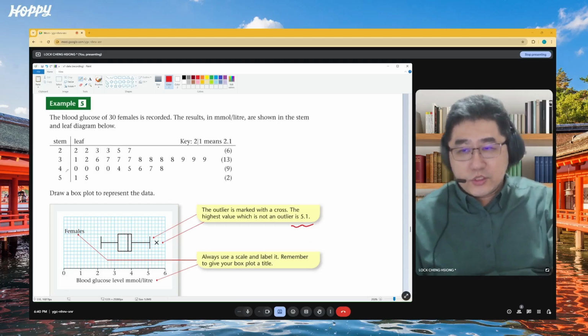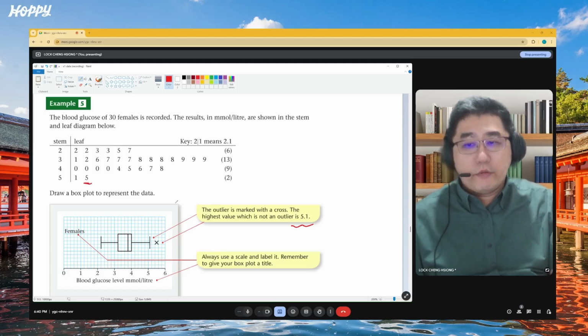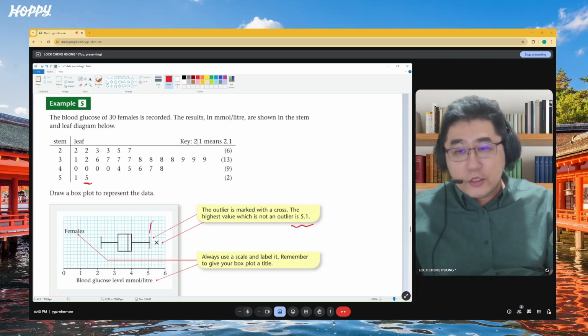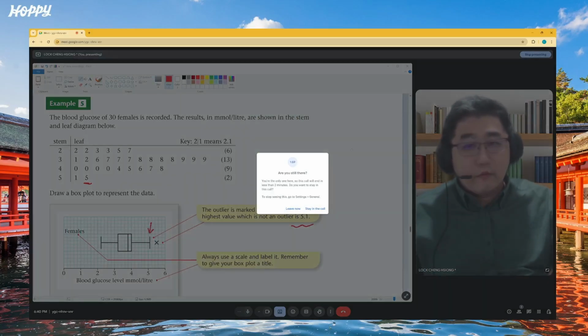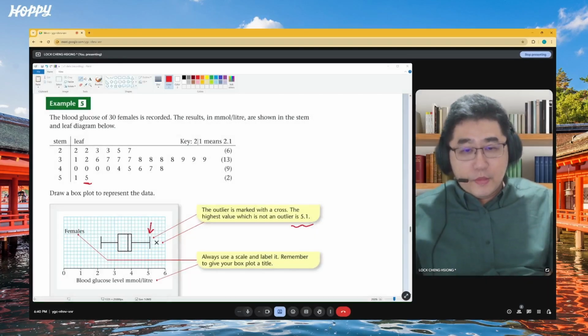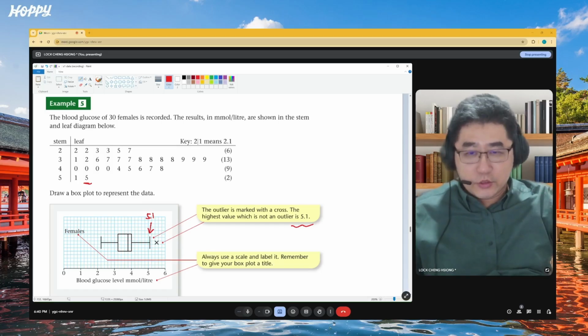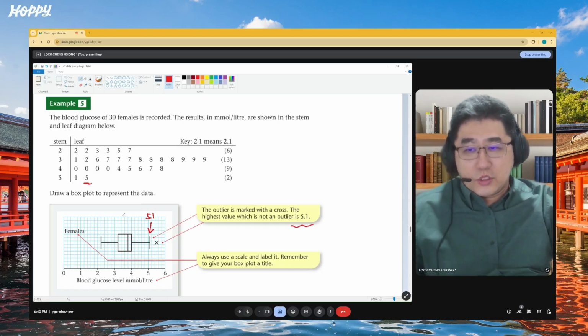You will see that the 5.5 here is outside of the interval, therefore you have a 5.5 here, and this is a 5.1, the largest data within the upper fence and the lower fence. So this is what it means.